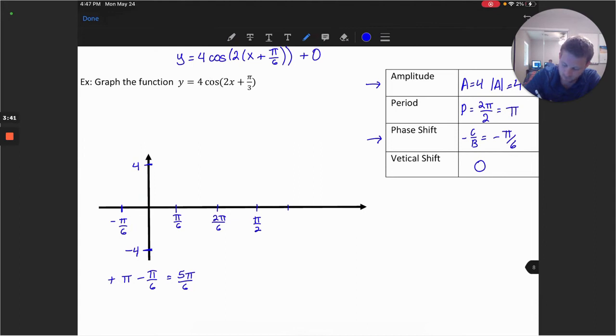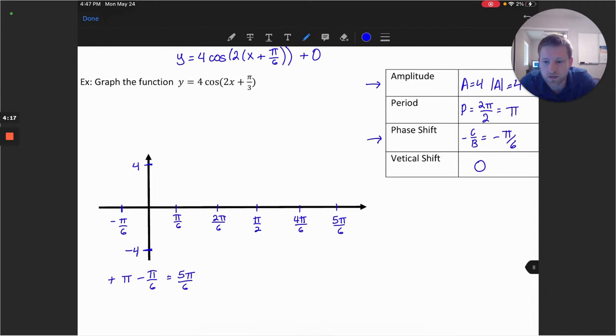We'll have 4 pi 6, and then 5 pi 6, just to be somewhat symmetric here. So I know I'm going to start at negative pi over 6 and end at 5 pi over 6. So we've got our starting and our ending point here for this given period length.